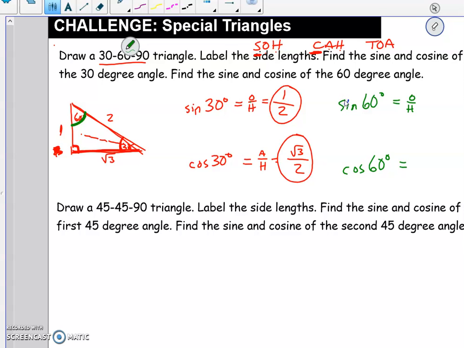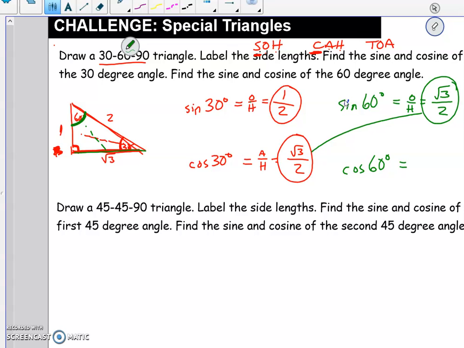The only difference is my opposite side is different because it's a different angle that I'm coming from. Opposite this angle is square root of 3, and the hypotenuse is 2. So the sine of 60 degrees is square root of 3 over 2, which is what we had over here.